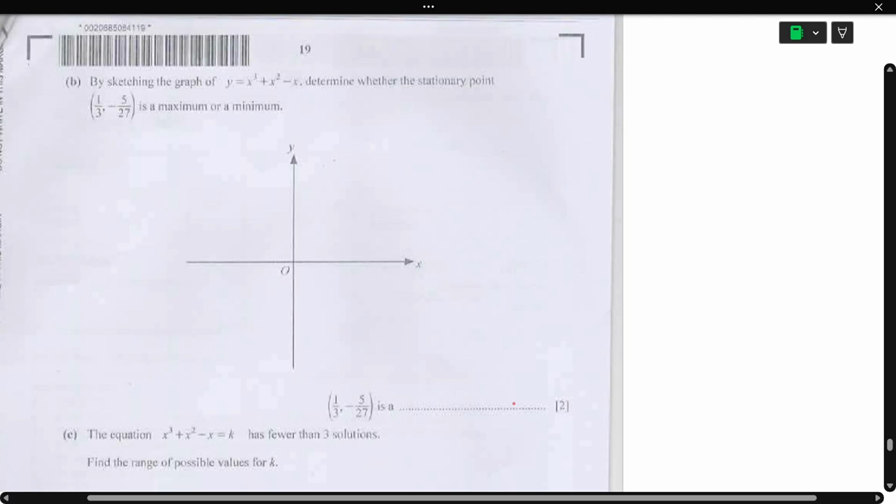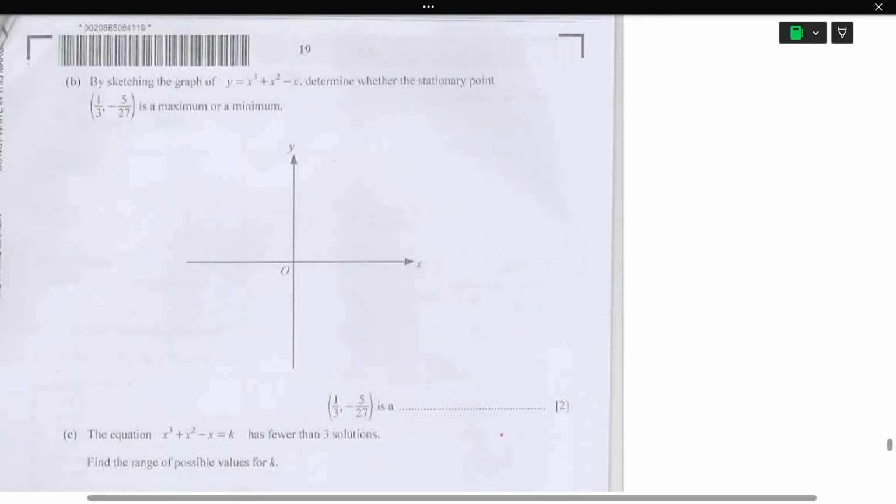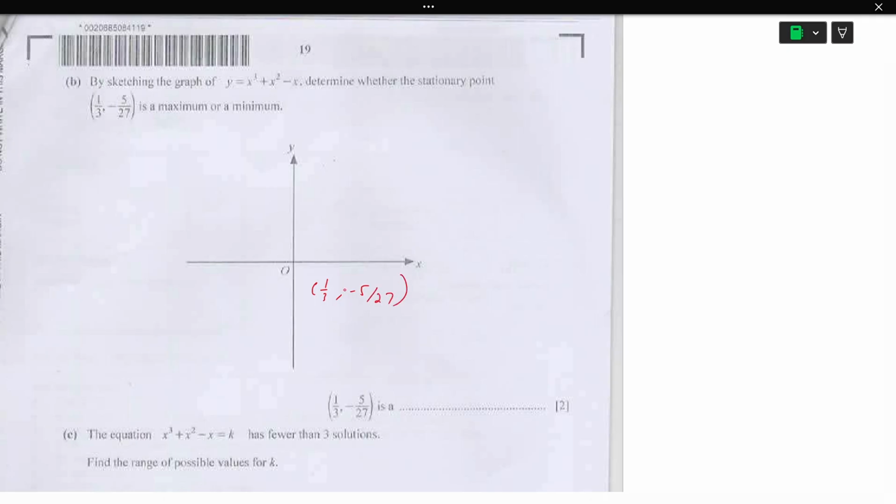Yeah, so the continuation of the previous question: 1 by 3 and minus 5 by 27. So we know 1 by 3, it's here, approximately somewhere here, 1 by 3 and minus 5 over 27, because x positive and y negative happens in the fourth quadrant.